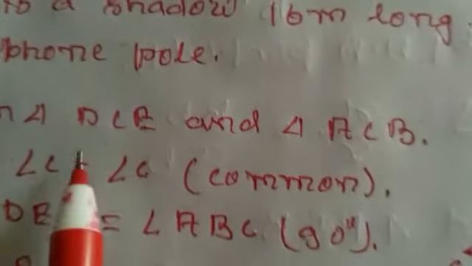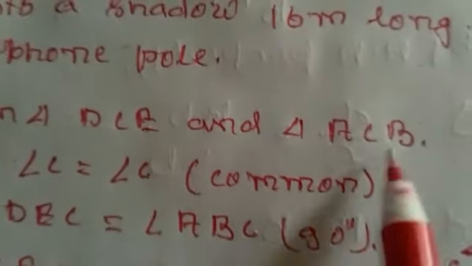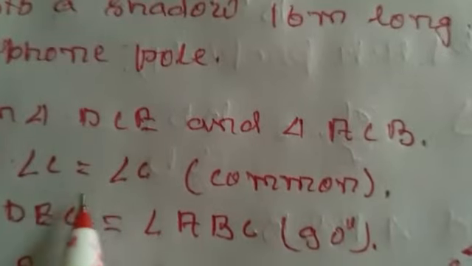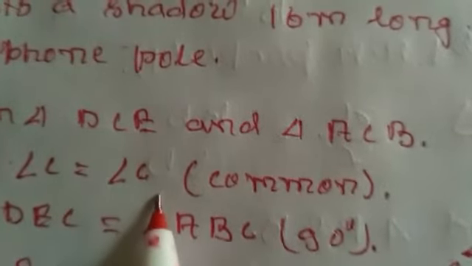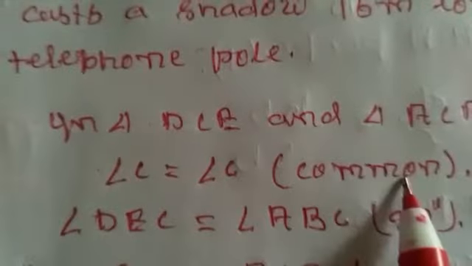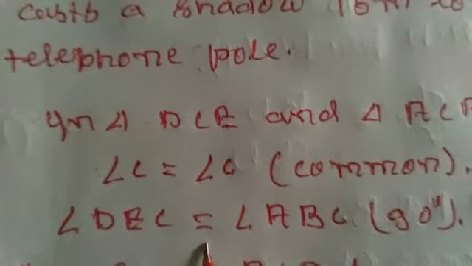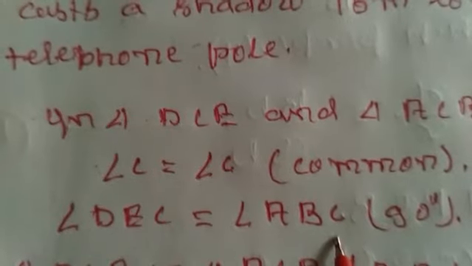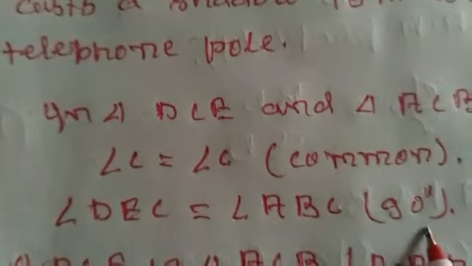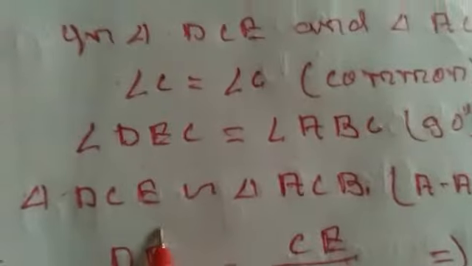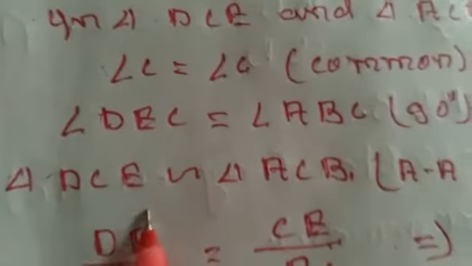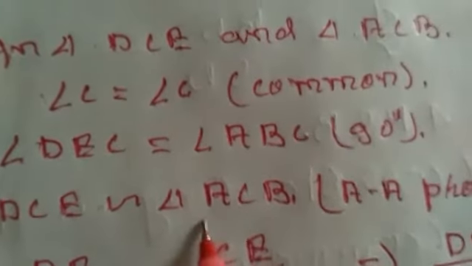So in triangle DCE and triangle ACB, angle C equals angle C, which is common, and angle DEC equals angle ABC, which is 90 degrees. Now triangle DCE is similar to triangle ACB by the angle-angle property.